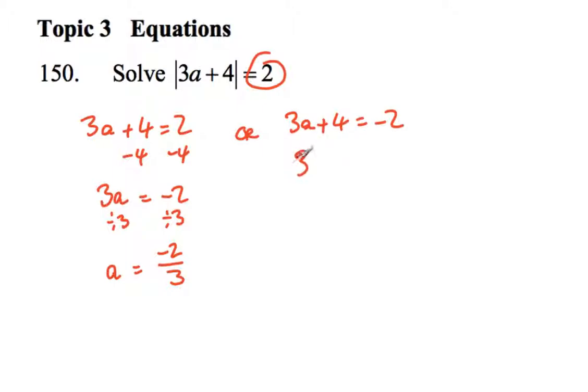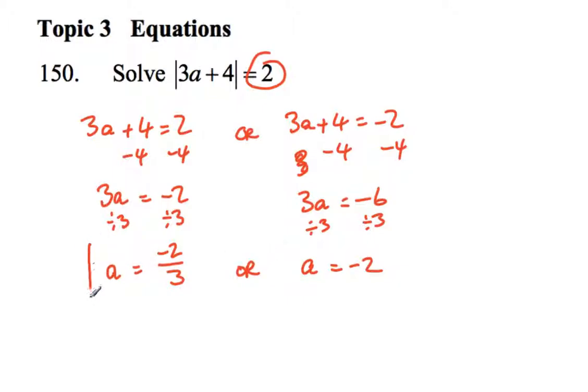Let's minus 4 both sides. The steps are similar, we're just doing a different version. 3a equals minus 6. We'll divide by 3, divide by 3. a equals minus 6 divided by 3; a minus divided by a plus is a minus answer. So we'll put a big OR between those two answers.